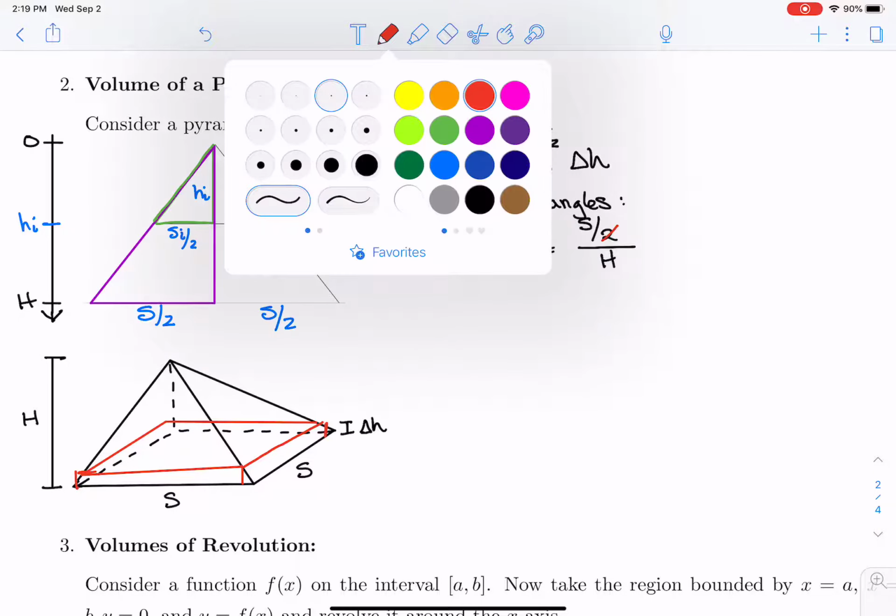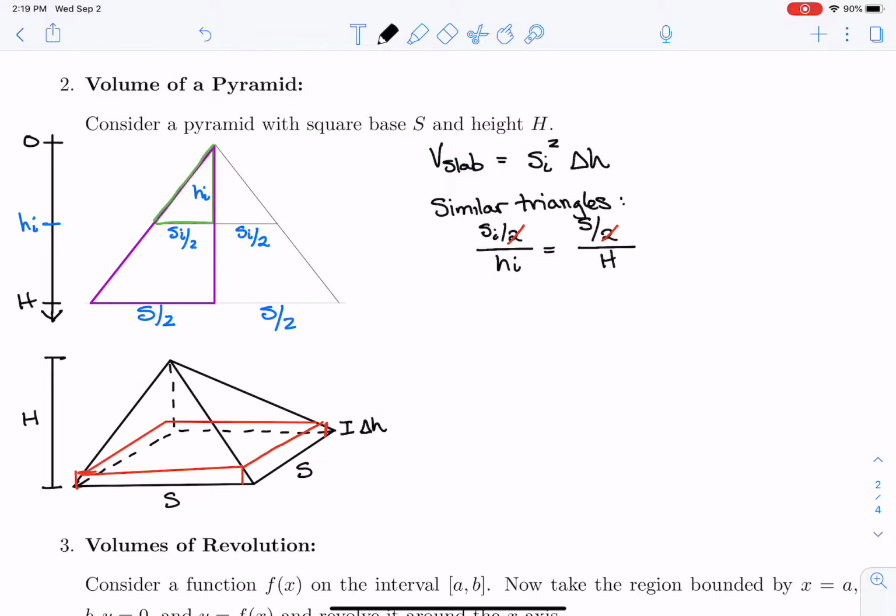And this gives us the relationship that we were looking for, that S sub I is equal to S over capital H times H sub I. So now I've related the side length of my square base to the height at which that slice appears.